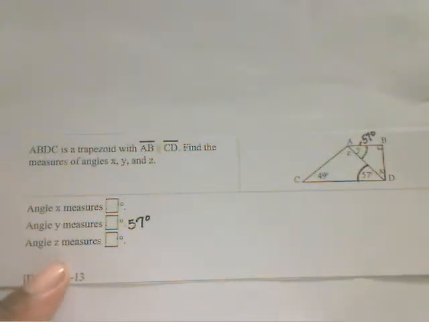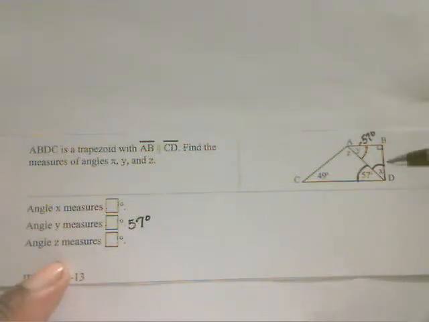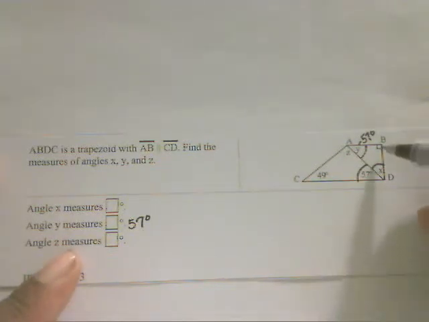Now, let's do angle X. Okay, this part right here, ABD, is a triangle. And the sum of all the angles in that triangle is 180 degrees. And that box tells me it's a 90-degree angle, so I have 180 minus 90 minus 57.